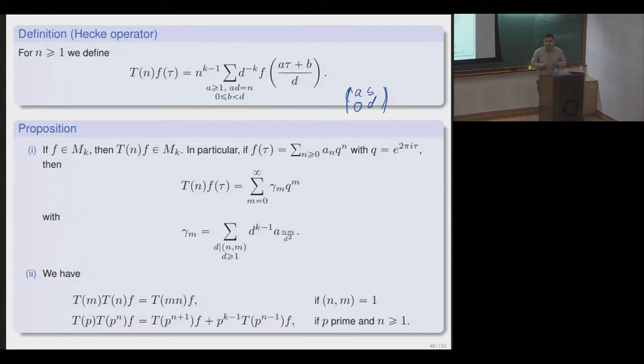So you have this set of matrices, and now you make an average of your function by just adding over this set. And then the key property is the following, that if you make this averaged sum, then you will end up with a modular form.